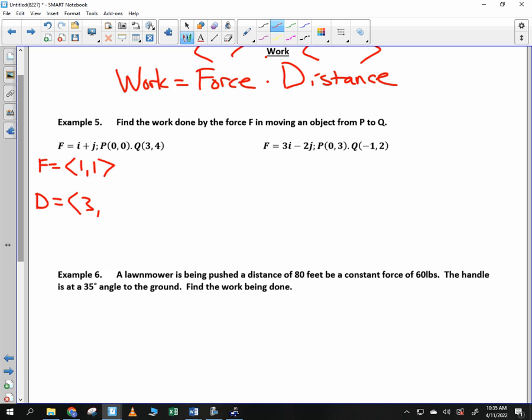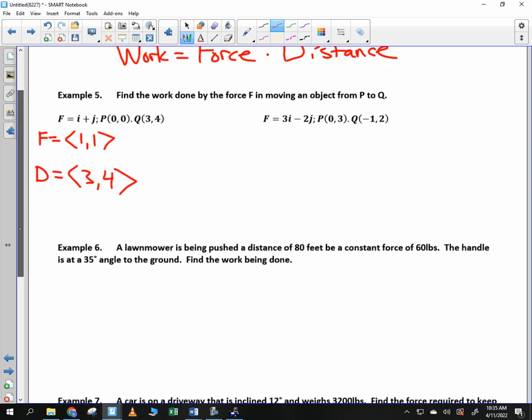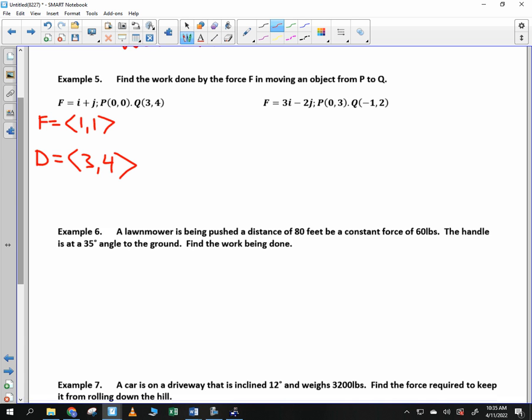And if it's moved from 0 to 4, it's moved 4. So in order to calculate the work being done, all I need to do is multiply. So work is equal to <1, 1> times <3, 4>. And what do you get? 7. You take 1 times 3 is 3, and 1 times 4 is 4. Add them together. That's our dot product rule.